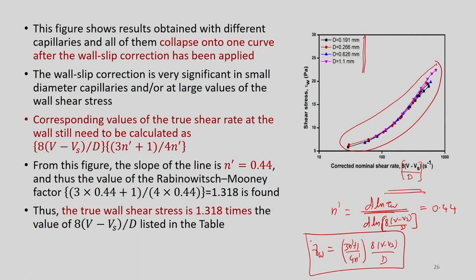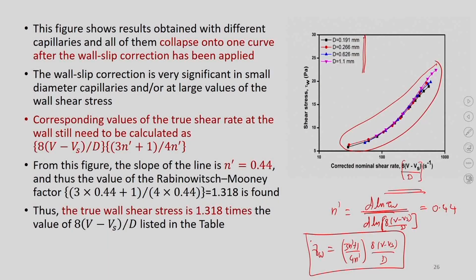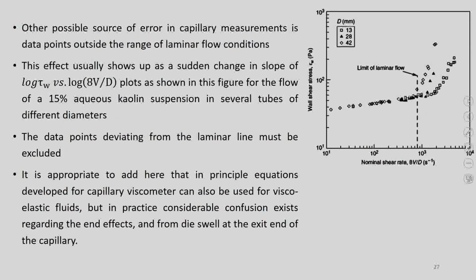So what we have seen is how to make corrections for two major sources of errors in capillary viscometers. One is the end effects, another is the wall slip effects. Okay. Now let us say you have data like this, when you plot wall shear stress versus nominal shear rate: a smooth curve like this.